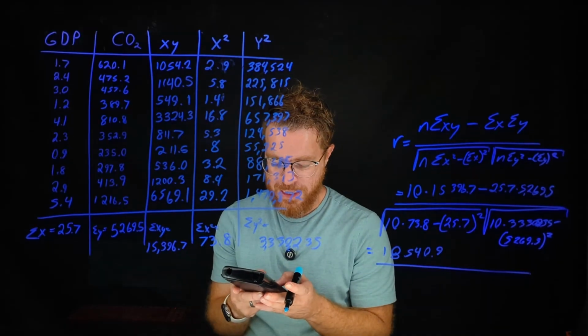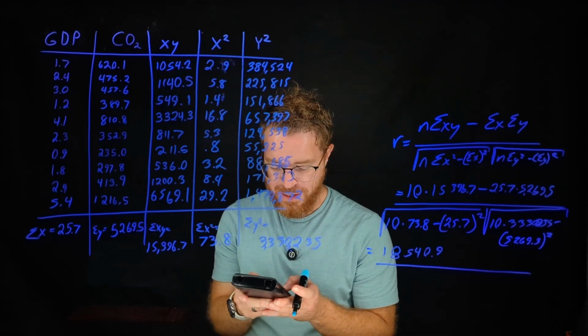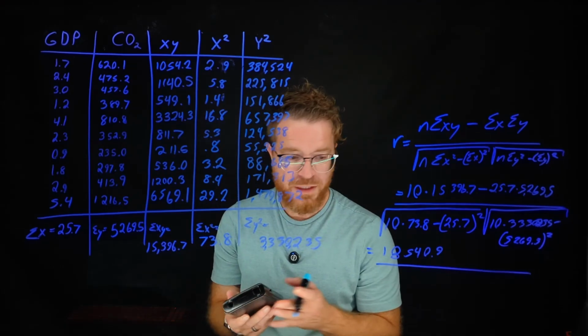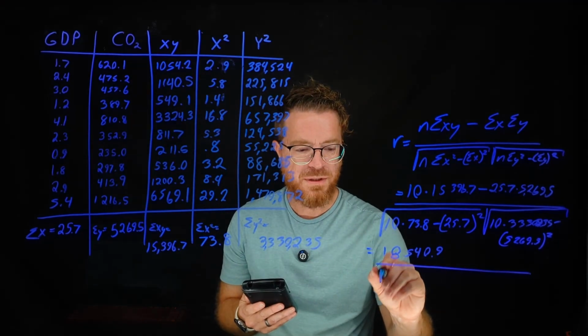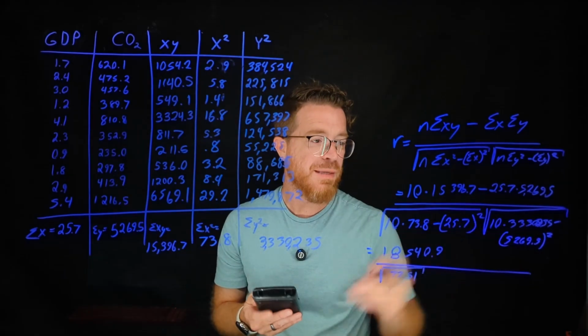Divided by, now let's look at this square root. We have 10 times 73.8 minus 25.7 squared, which is going to give us 77.51. So it's going to be the square root of 77.51. Now we do the same thing for this.